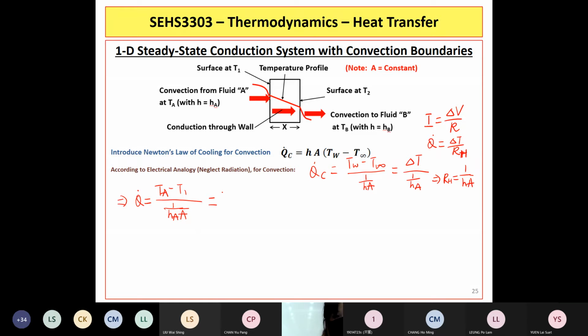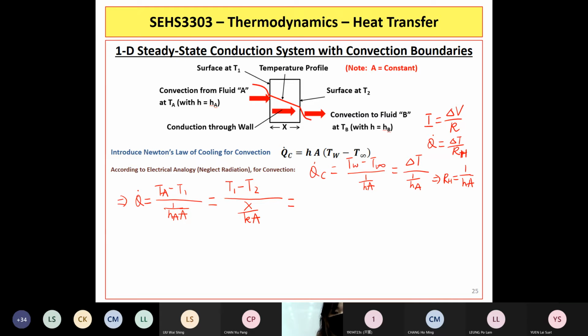And then through this wall, due to the temperature difference, conduction happens. So recall your memory, that should be what? Who can tell me? T_1 minus T_2 over X, yes, good, k times area, right?